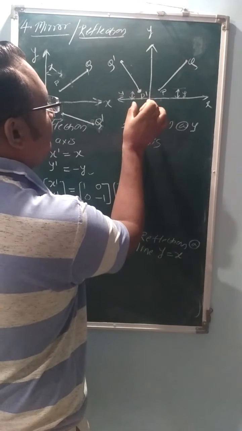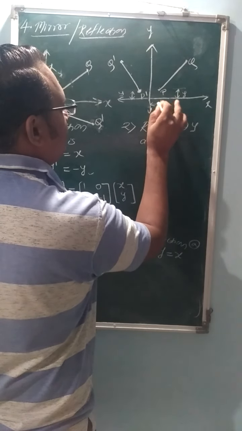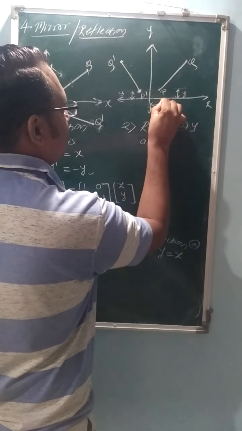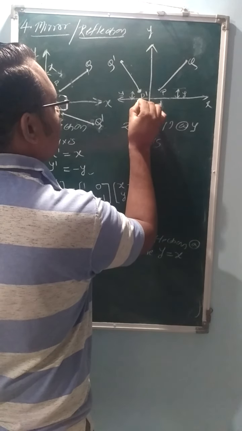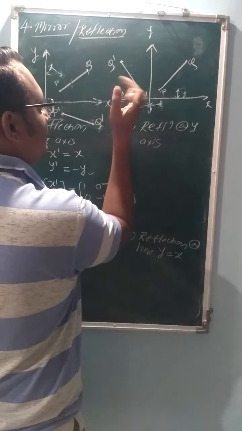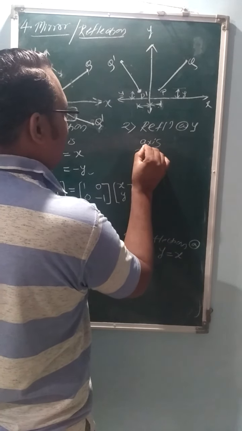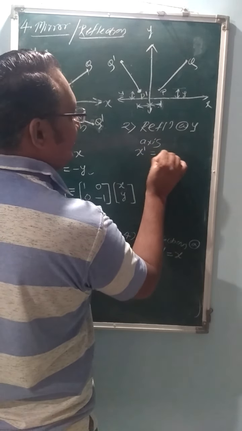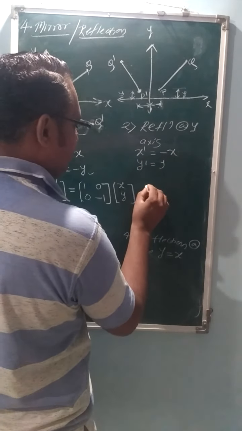And what about x? This one is positive x. For P dash, x dash is equals to minus x because it is towards the negative side. So x dash is equals to minus x in this case and y dash equals to y.